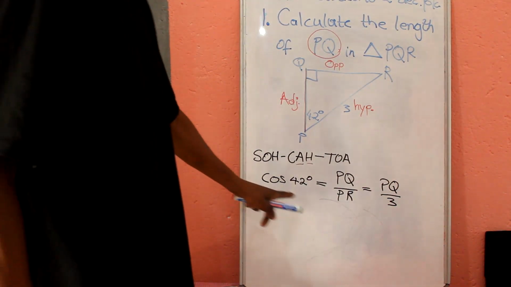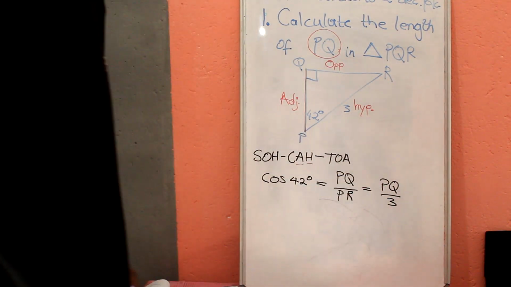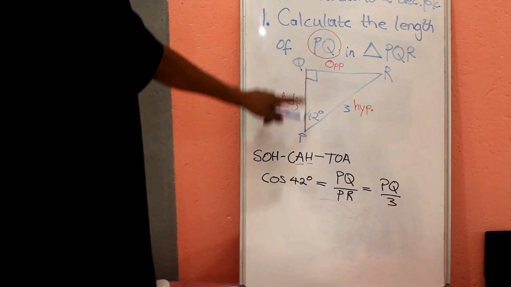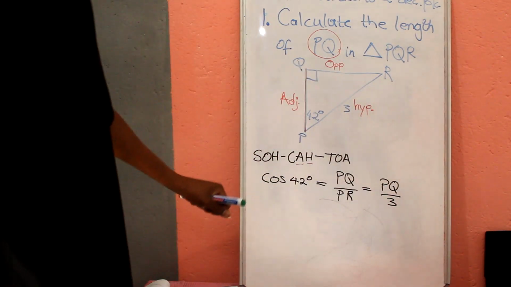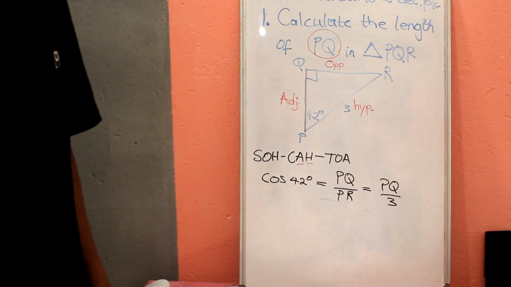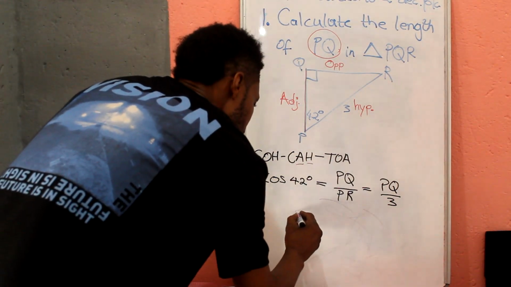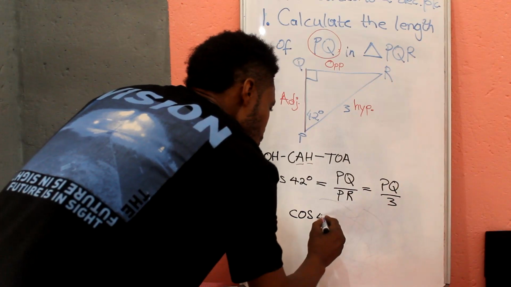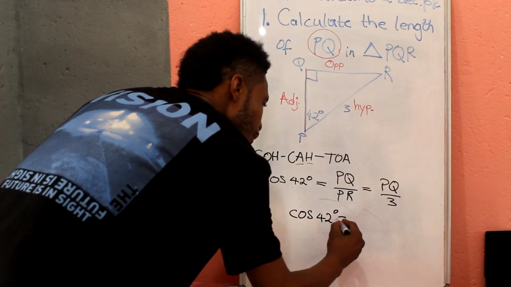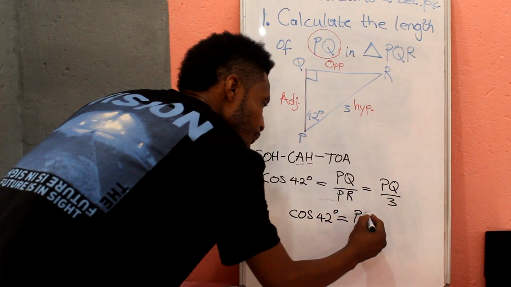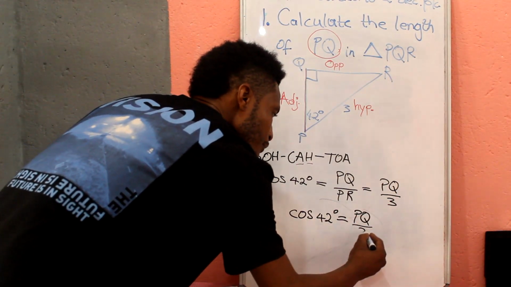Now, we're going to make PQ subject of the formula because that's what we're looking for. And PR is given, and we've also got a given angle of 42 degrees. Therefore, this means cos 42 degrees will be equal to PQ over 3.